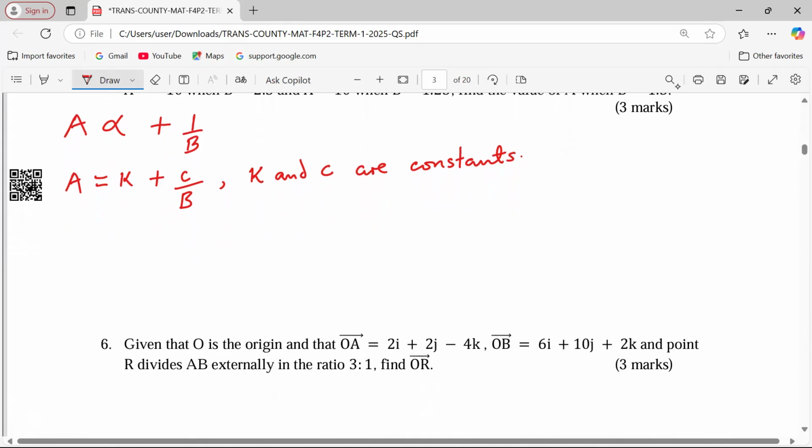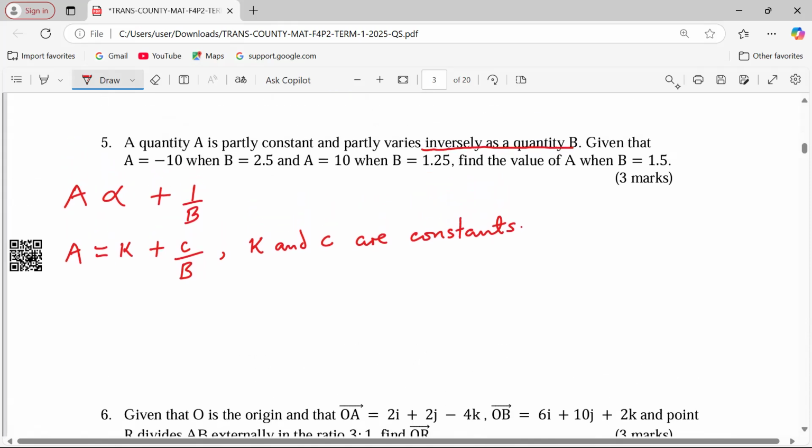If that is so, then we can now interpret the next information, given that the value of A equals -10 when B is 2.5. So A is -10, so K plus C over 2.5.